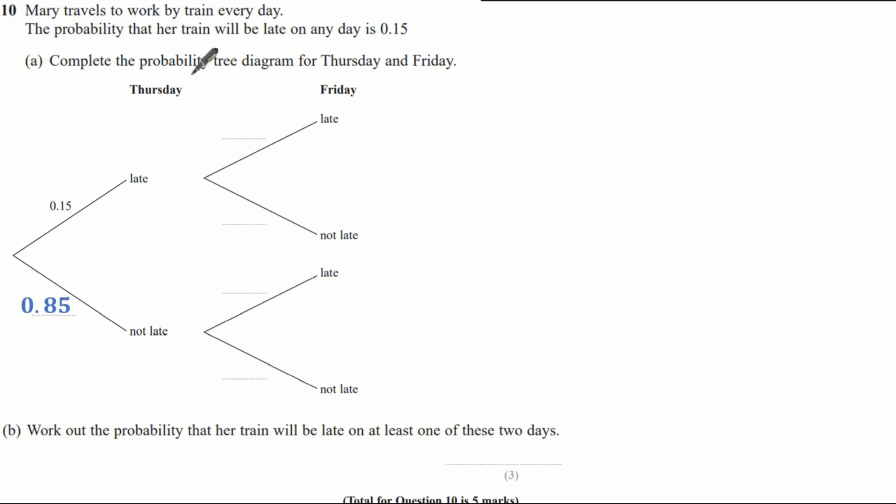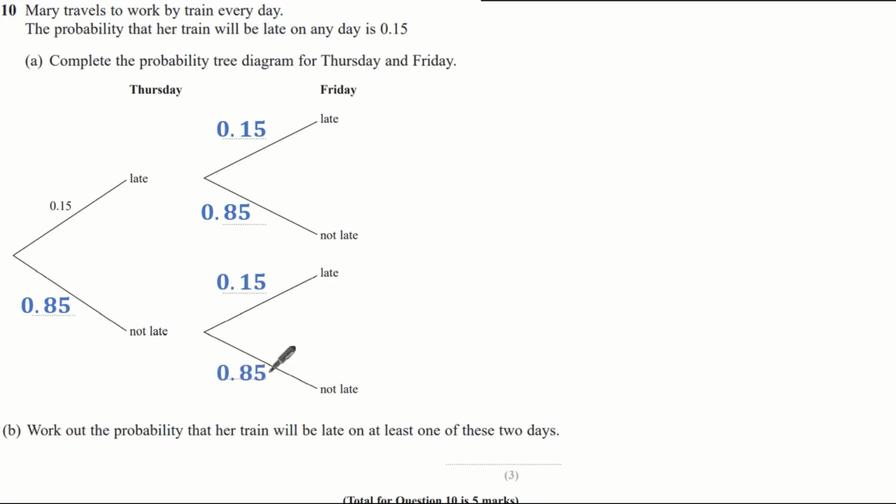We know the probability that her train will be late on any day is 0.15. So on the Friday, the probability of it being late is still 0.15, and not late is 0.85. Even if on the Thursday the train wasn't late, the probability of it being late on the Friday is still 0.15.